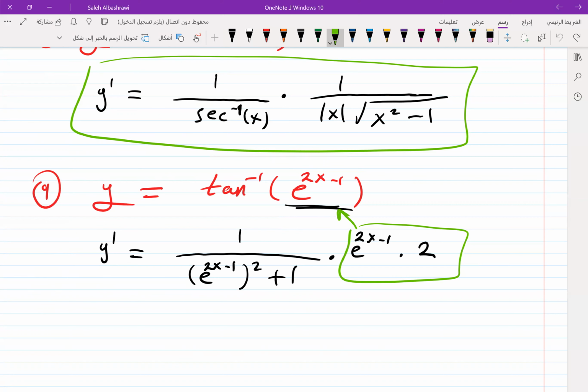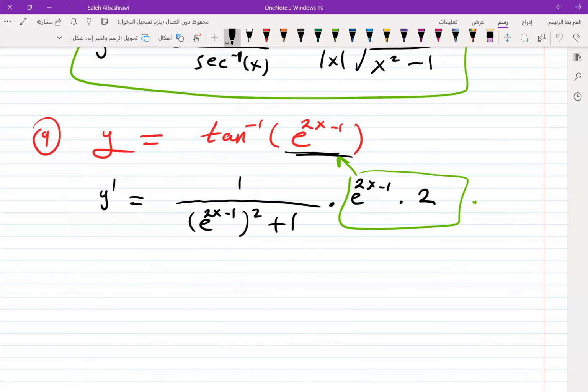So it is 1 over the angle square plus 1 multiplied by the derivative of the angle, and in this case it is exponential function. So it is e to the power 2x minus 1 multiplied by the derivative of the power, and if the base is not e, we will multiply it by ln of the base. But since the base is e, no need to write it.